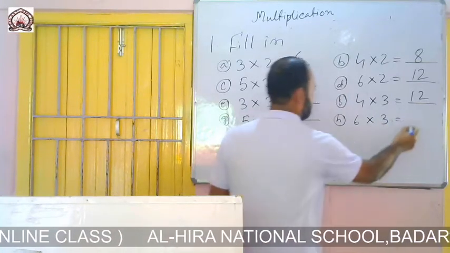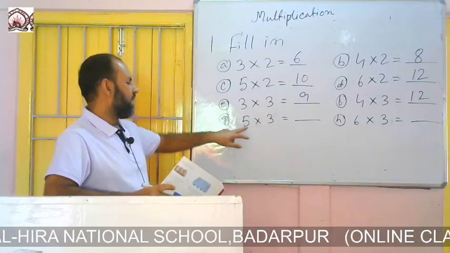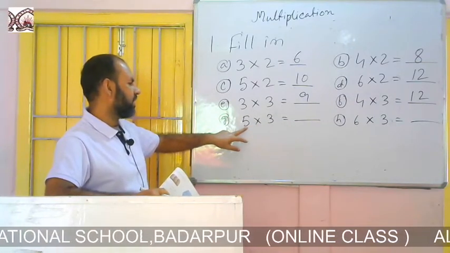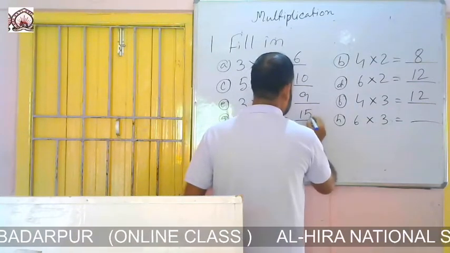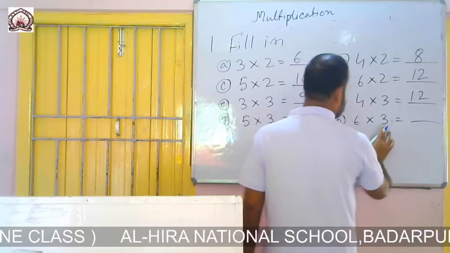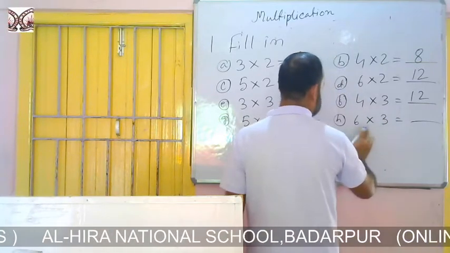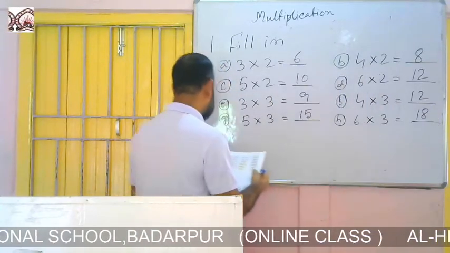So here we count table number 5, 3 times. 5 1s are 5, 5 2s are 10, 5 3s are 15. Answer is 15. Here 6 1s are 6, 6 2s are 12, 6 3s are 18.